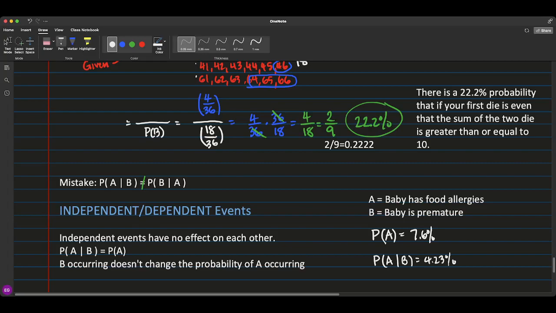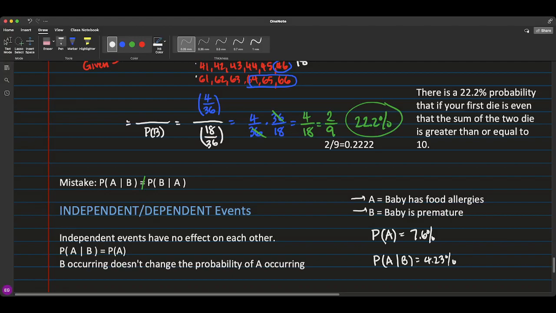Now, they aren't exactly the same, but they're close enough to each other that we treat them as the same, and we're going to discuss this in the future. How close do they need to be to be exactly the same? Usually not really, they just need to be close enough. When they've done studies, the numbers are never going to be exactly the same each time.